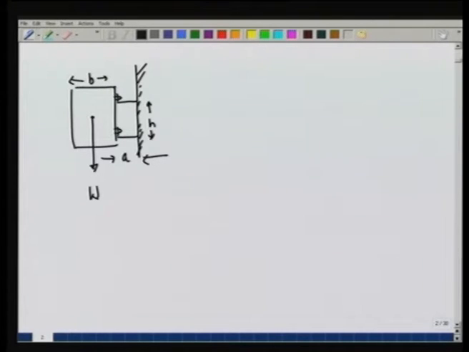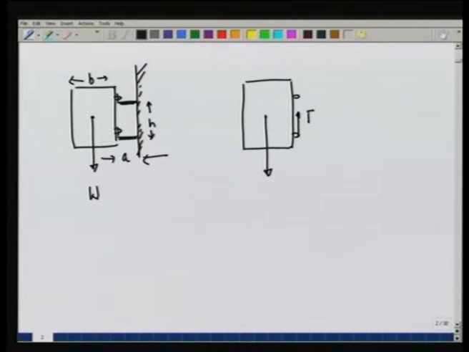We want to find the forces that are being applied by the wall on these supports, assuming that the entire weight of the gate is borne by the lower support. So, let us see how the gate is being supported. If I look at the gate, it has a weight pulling it down, and the entire weight is being supported by the lower support.